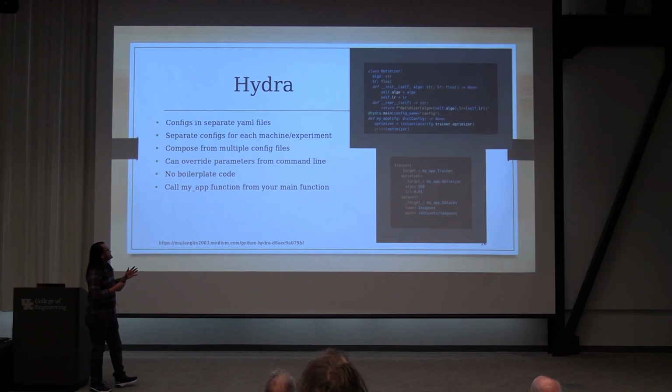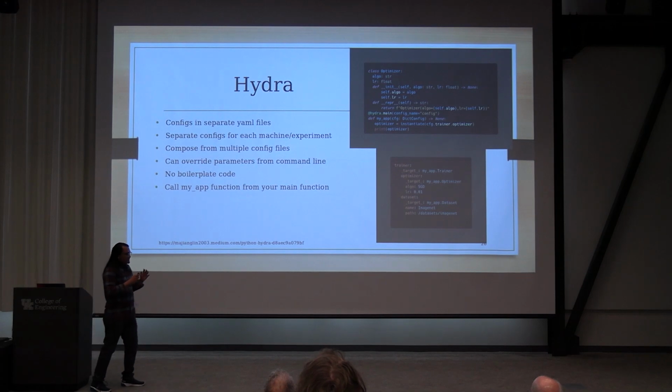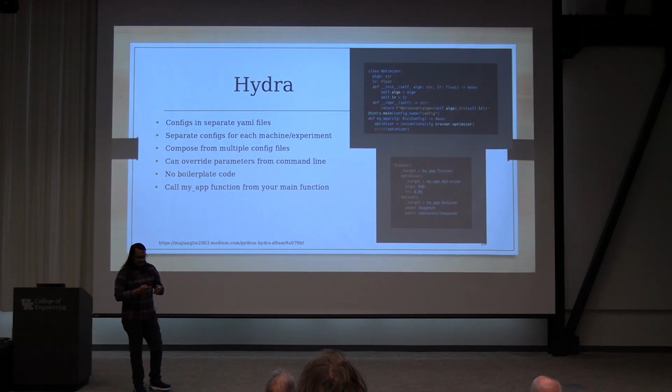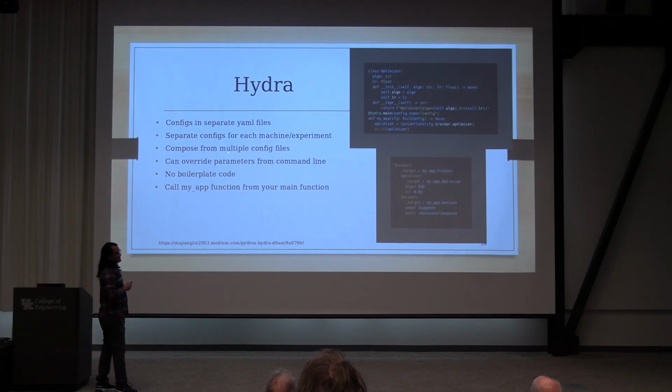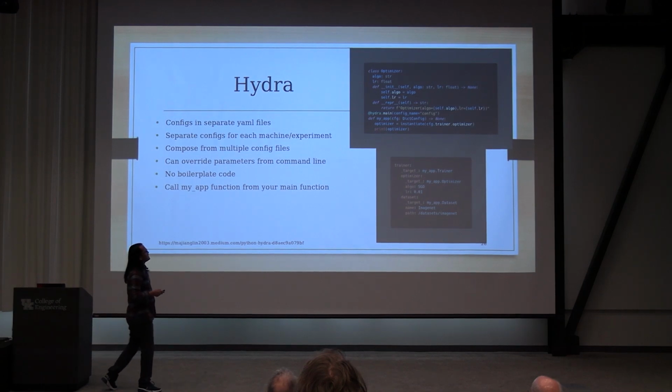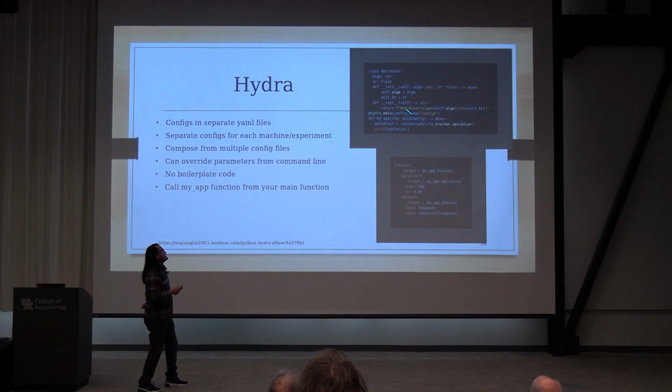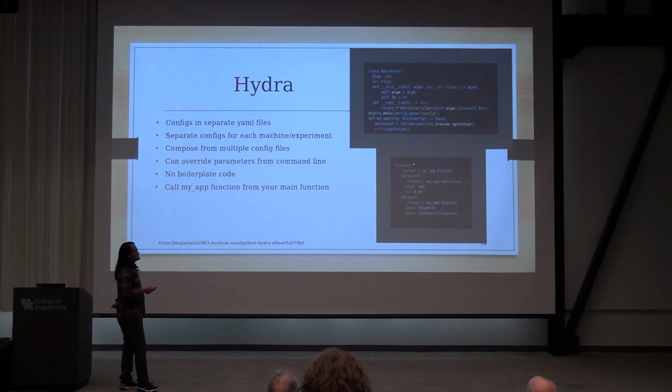The Hydra package basically lets you provide your configuration in the form of YAML files. So this is a configuration file for, let's say, the program that you see over here. As program arguments, I want to pass a trainer object that will have an optimizer.